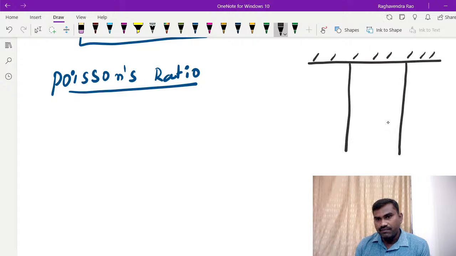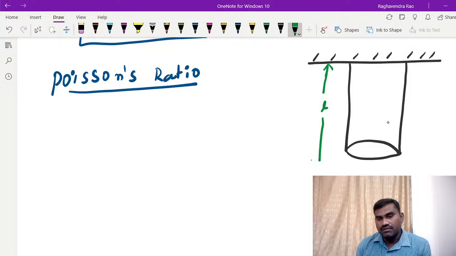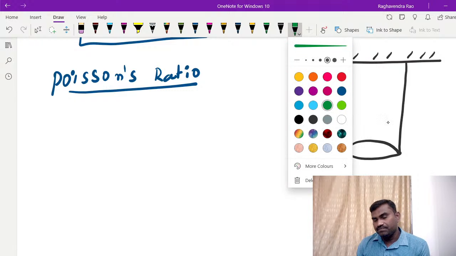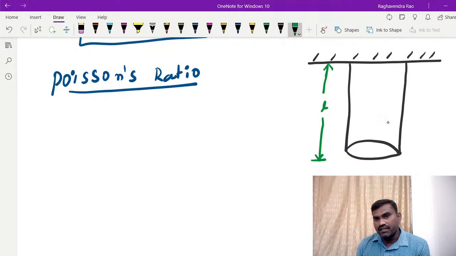This is the wire in the form of a cylinder, having length L and area of cross section A. Now we apply stress on this wire to elongate it. Then there is an increase in the length of the wire.